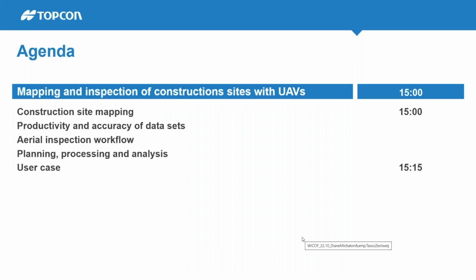We'll show you the workflow that it induces, and then we'll conclude by describing the process of planning and analyzing aerial data. And then Tasso will finish with a user case.